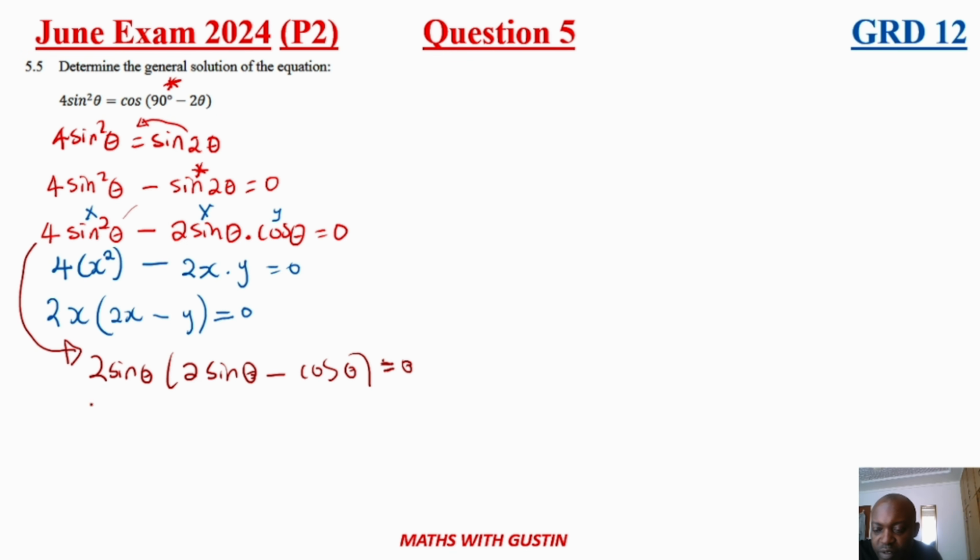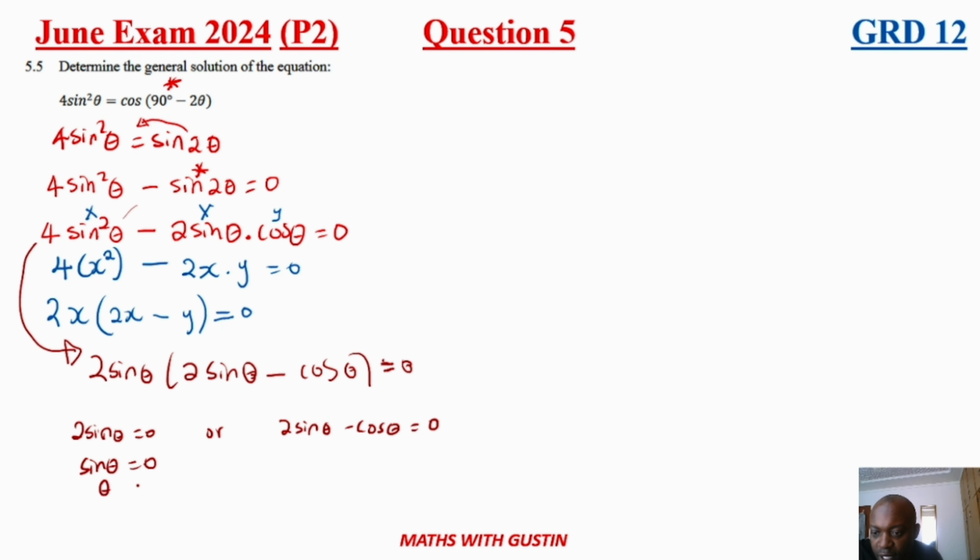So now what do you have? You're going to say 2 sine theta is equal to 0, or you are going to deal with this part, 2 sine theta minus cos theta is equal to 0, right? So in this case now, for this first one, you're going to divide by 2, you're going to be left with sine theta equals 0.